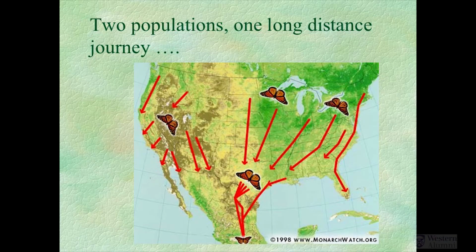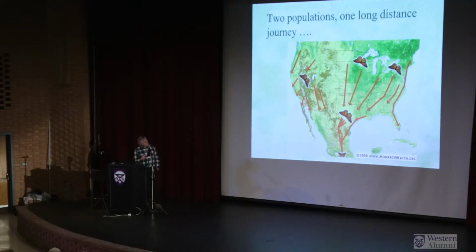And for those of you here who don't know the life history of these species, there are two big populations. The western population in California mostly winters in eucalyptus groves in western California. And then the one we're familiar with here is the big eastern population. The western is a very small population compared to the bulk of what we get here.